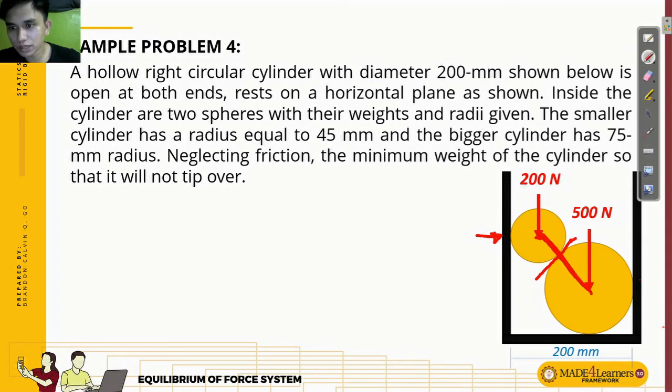Kung tangent na siya, class, perpendicular yun na siya. Therefore, straight line siya. So, natay 45 mm na radius. So, this is 45. And then, ang bigger sphere, 75.